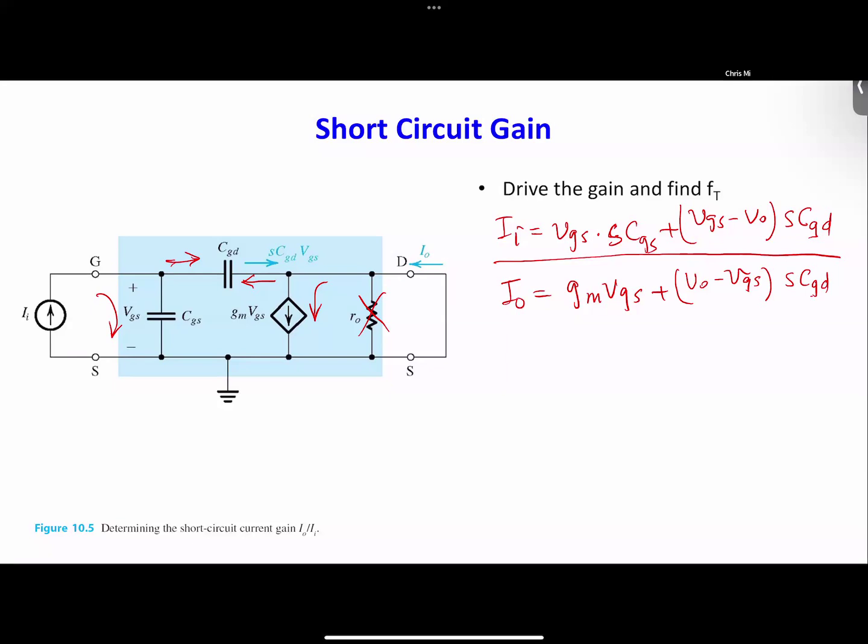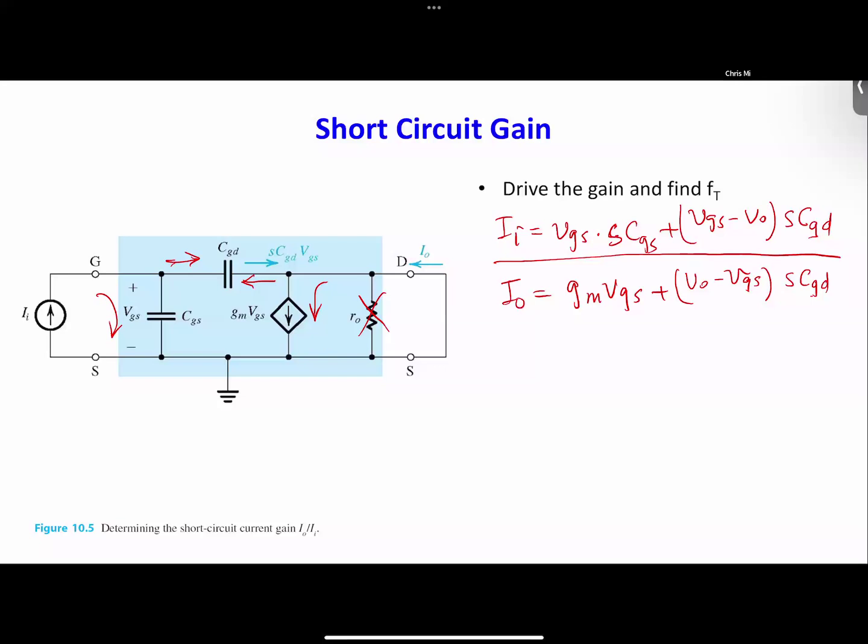So we have these two equations. As you can see, the second has IO as a function of VGS, and VGS is a function of II. Therefore, we can replace VGS as a function of II, plug it in here, and we should get IO and the relation.